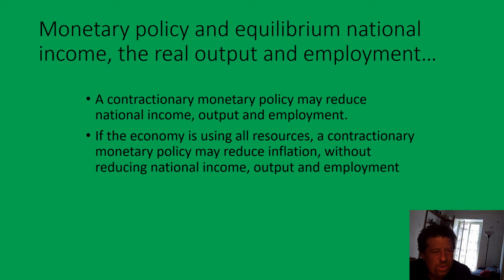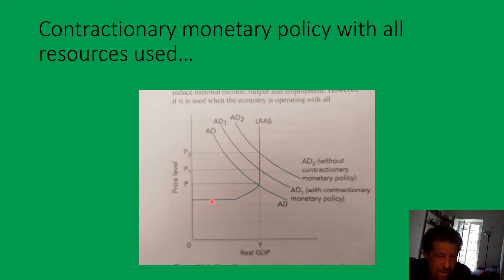If the economy is using all the resources, a contractionary monetary policy may reduce inflation, which is the objective often, and this shouldn't affect the national income output and employment. If we look at the diagram here, we know if all resources are being used in the long term, aggregate supply can't go up.